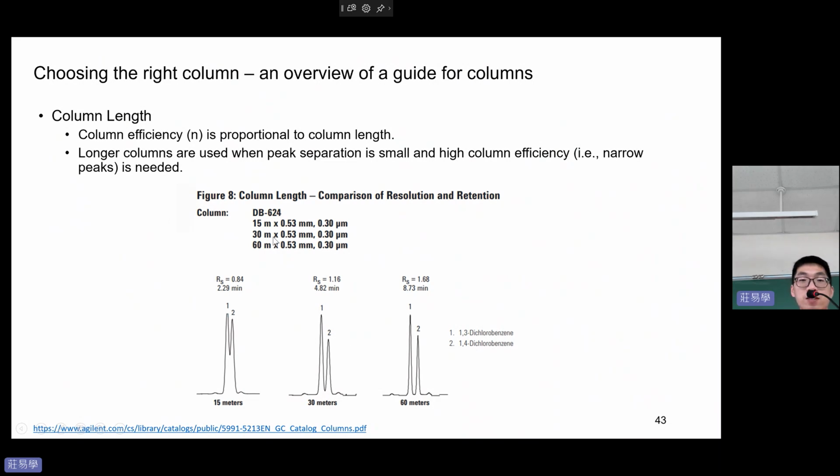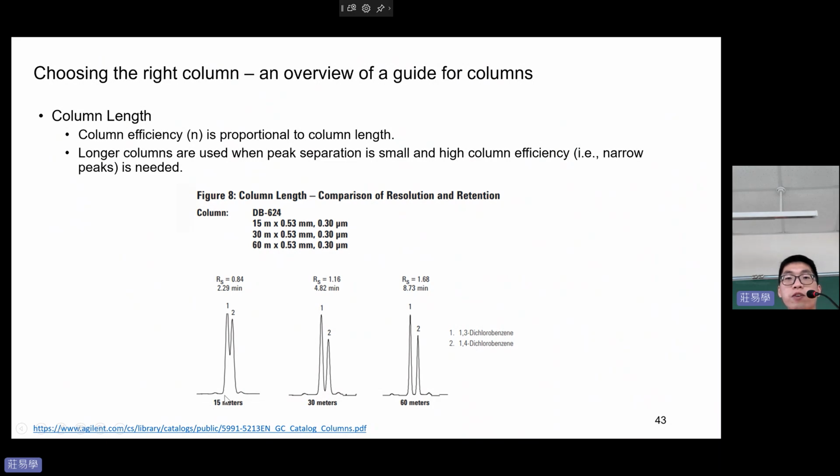It shows that for the same column, usually they provide different film thicknesses and lengths.